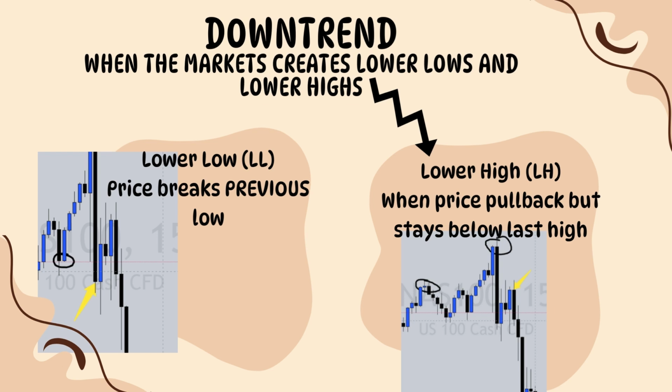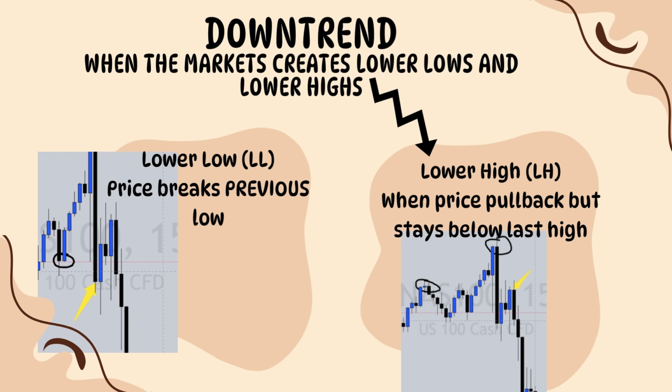Now let's take a look at the lower highs. A lower high is when price pulls back but stays below the last high created. Here, I kind of did two just to emphasize what it meant. The first black circle at the tippy top, as you can see, price did pull back where the yellow arrow is, but it did not go all the way up to that one.